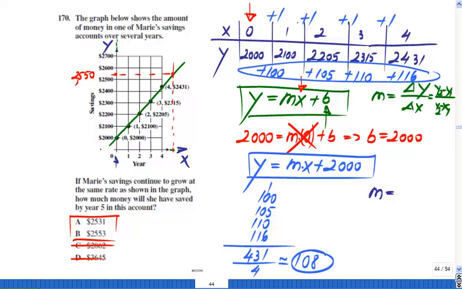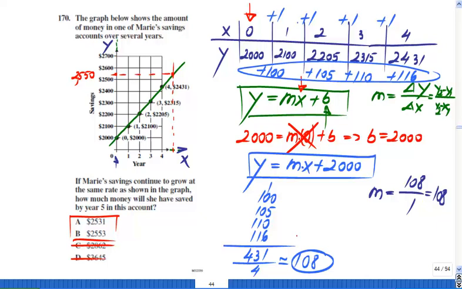So I can move on and try to approximate the slope. The best slope for a line that will be the best fit for these given points for this plot will be what? The change in y, which we said is approximately 108, divided by the change in x. The change in x is a constant 1. And let's plug that back into my equation, because 108 over 1 is actually 108.